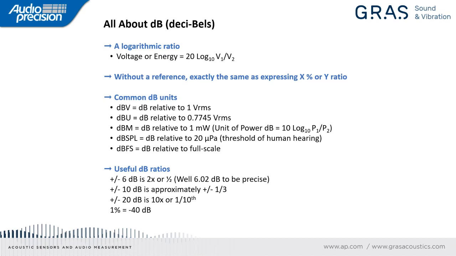So I haven't spent too much time talking about the distinction between power and energy in dB, because most of the measurements we make in audio are energy measurements, but just to correct that, plus 6 dB is twice the energy, plus 3 dB is twice the power.